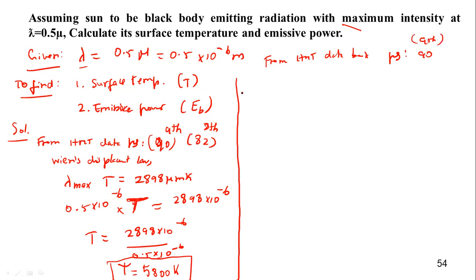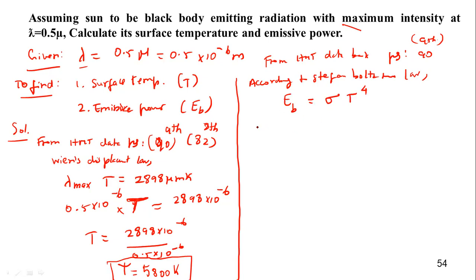According to Stefan-Boltzmann's law, the formula is EB, the emissive power, equal to Stefan-Boltzmann constant sigma times the fourth power of the surface temperature.